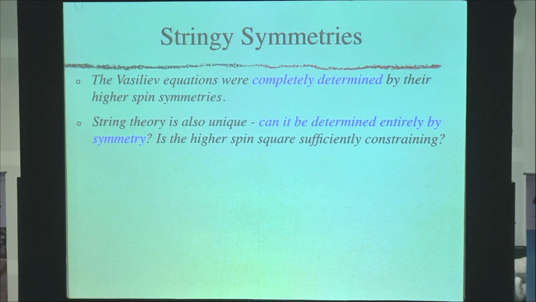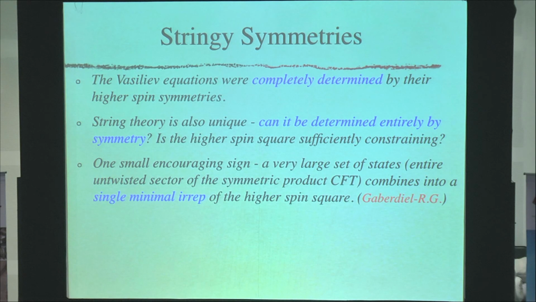So you can ask, is it completely determined by symmetry, just like Vasiliev theory was completely determined by the symmetry? Is something like this higher spin square sufficiently constraining that it constrains the full spectrum and perhaps interactions of the theory? We don't yet know. We would like to think that there's a fighting chance that it is so.